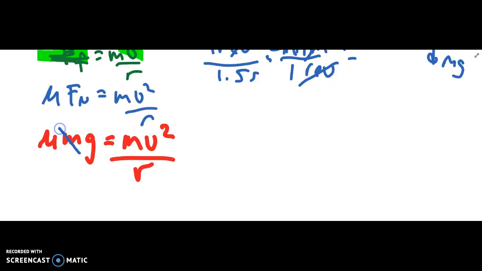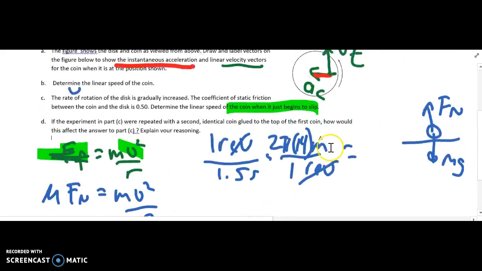Mass is in both terms, so they cancel out. So I was trying to find the velocity. Well, here the velocity will equal the square root of mu g times r. Plug in your numbers and you'll get a value.